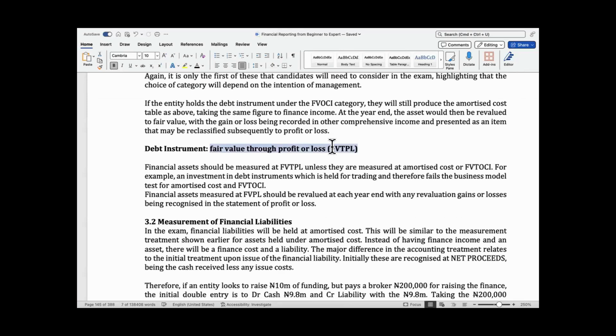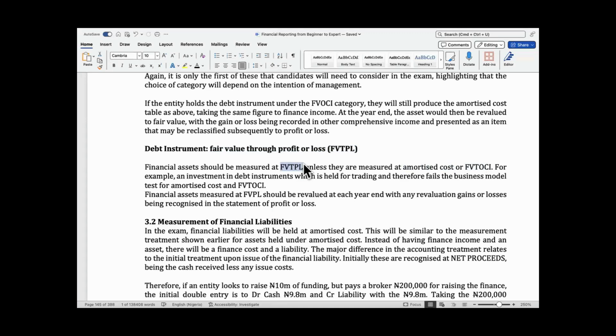And the final category is fair value through P&L. This one is a default classification. What do I mean by default classification? That is, if you cannot classify at fair value through OCI or amortized cost, we usually use fair value through P&L.